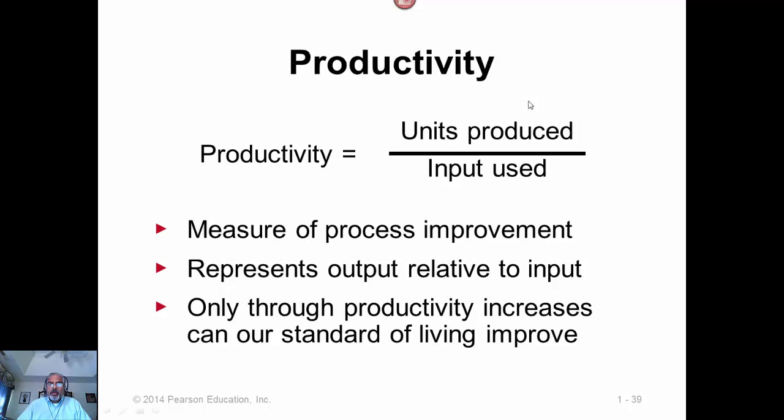So the numerator can be units produced or total dollars of production. The same in the case of input. If you have only one input that you want to look at, then it can be units of the input. But if you have multiple inputs, then you have to convert each input into a dollar amount, add them up, and use dollars in the denominator.